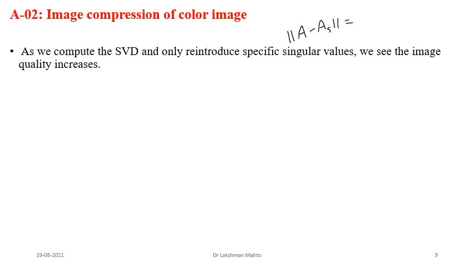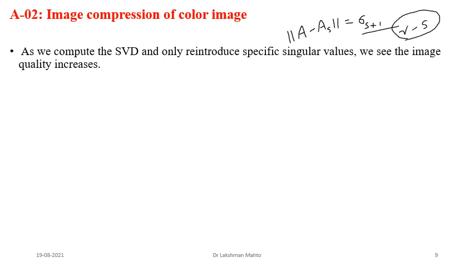The error would also be given by singular values: the S+1 onward singular values. We know that we have truncated singular values after S, up to R, and after R the singular values happen to be 0. So we have truncated R minus S singular values. Why have we truncated them?